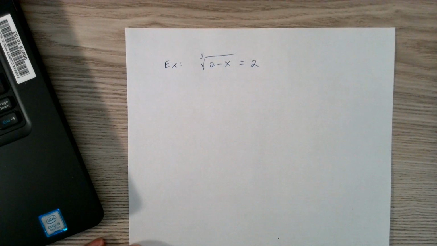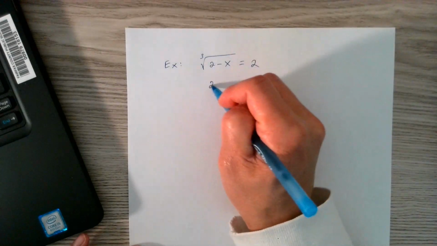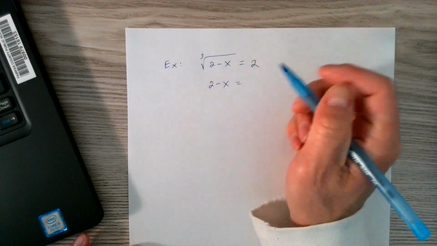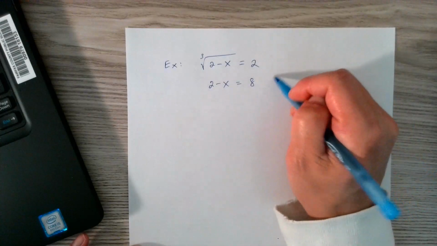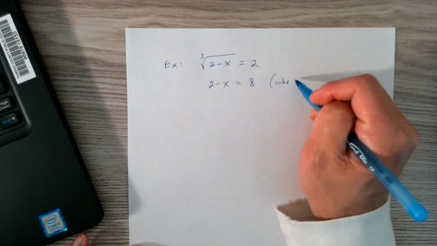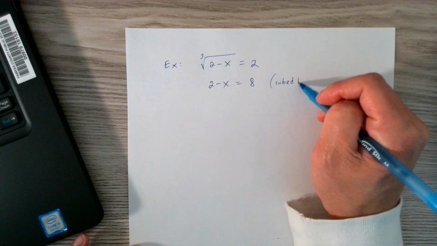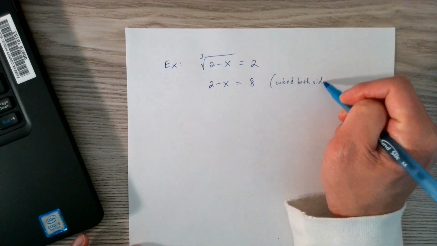So squaring both sides will not accomplish getting rid of that radical. We must instead cube both sides. And I'll put in parentheses cubed both sides.